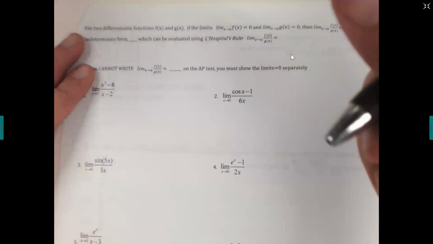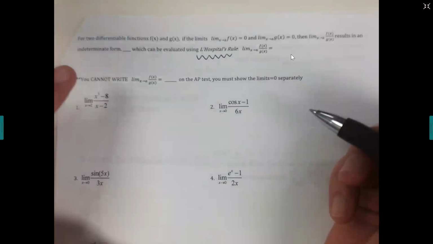Other than factor and cancel, we learned one other rule. You can see it right here. For L'Hopital's rule, if you get 0 over 0, which is called the indeterminate form, do you remember we said that's when you do more? Ways you can do more: you can factor and cancel, or you can do L'Hopital's rule.